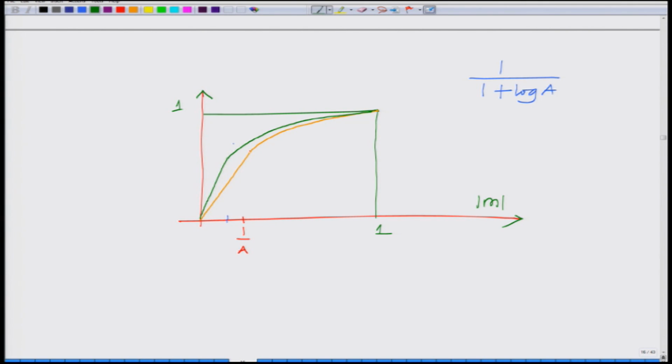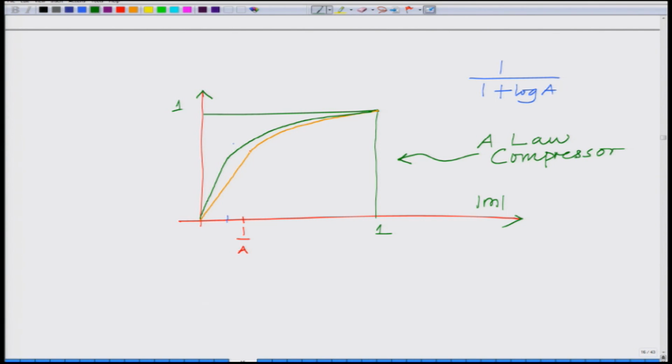So, as A increases, this point progressively shifts to the left, and this is basically your A law compressor.